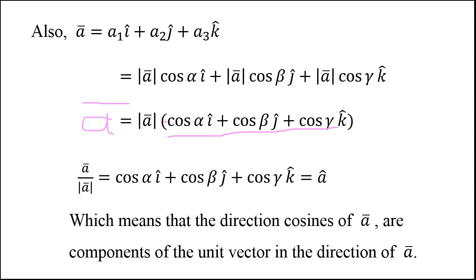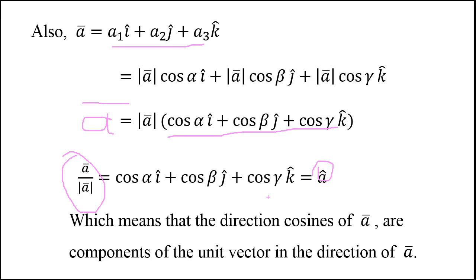So a bar upon its magnitude is equal to cos alpha i plus cos beta j plus cos gamma k. But this a bar upon a is a cap. When we divide a vector by its own magnitude, we get the unit vector along that vector. So the unit vector along a bar is cos alpha i plus cos beta j plus cos gamma k.